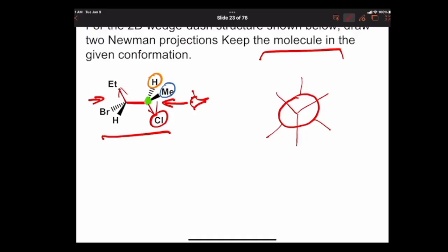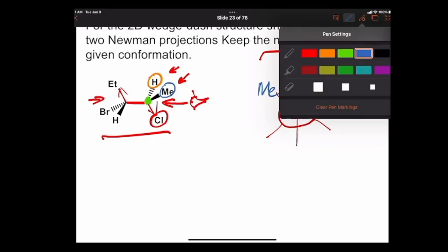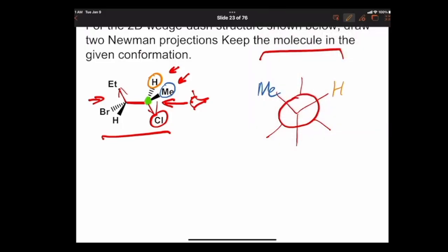I'm taking the molecule as you've drawn it, and imagine sort of just flopping it over, picking it up, and rocking it to my left. So if I were to hold the methyl with my left hand, hold the hydrogen reaching into the page with my right, what that would do is I would put my methyl here, I would put my hydrogen here, and I would put my chlorine there.